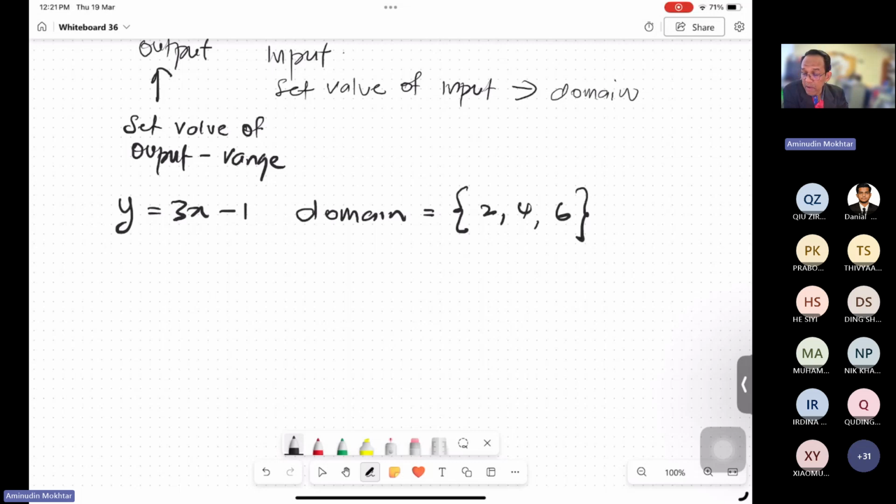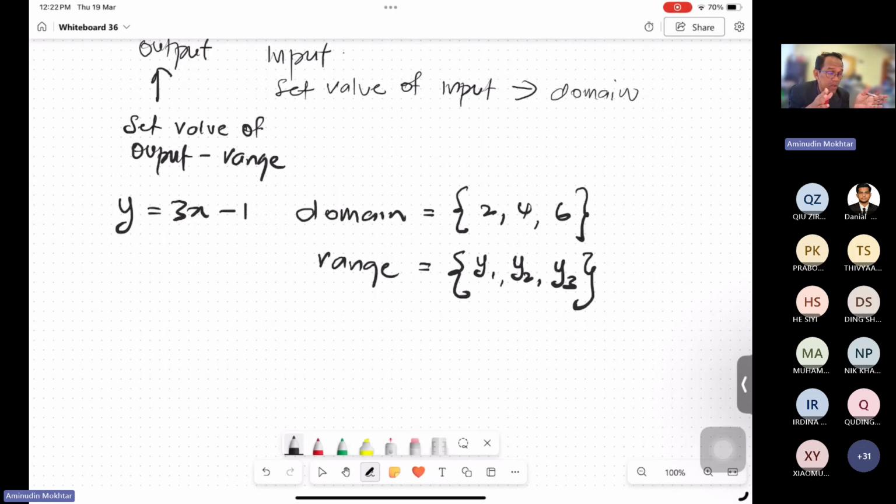We need to find the set of range. Range is the set of values of y. What is the value of y when x equal 2, 4, or 6? That is the basic relationship between domain and range.